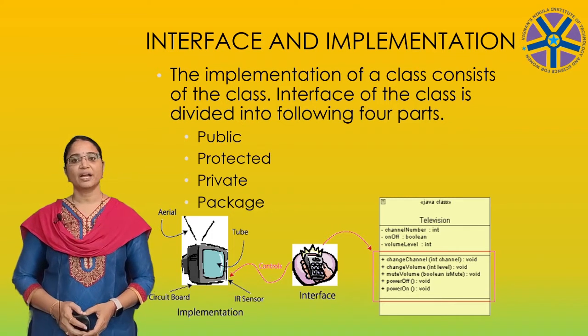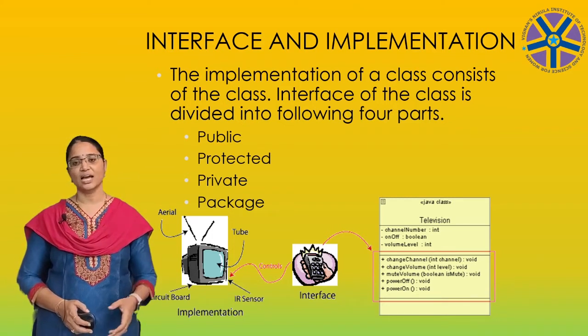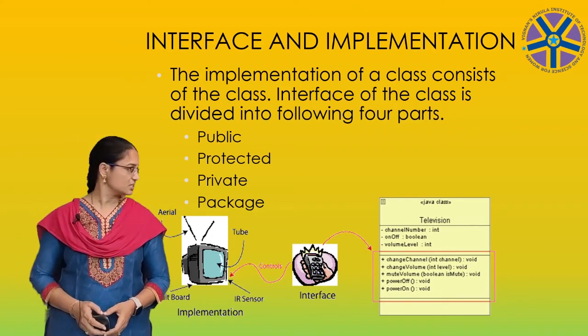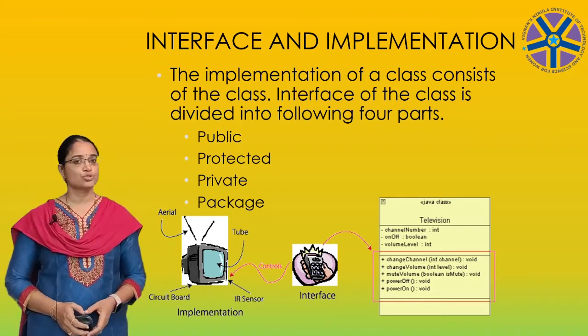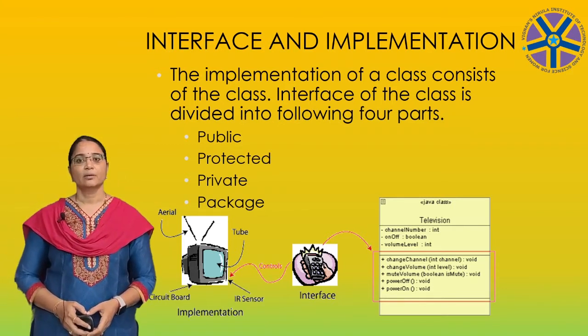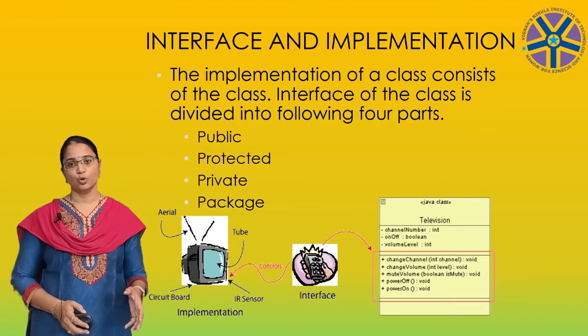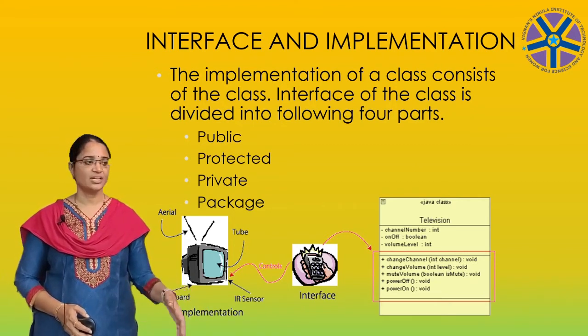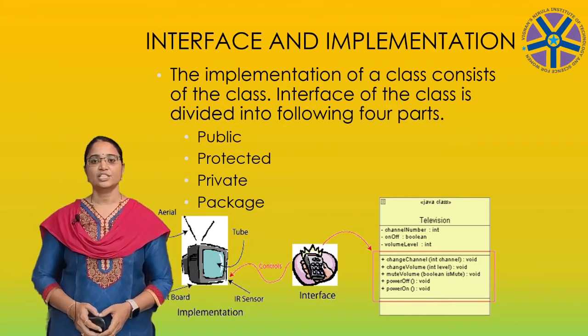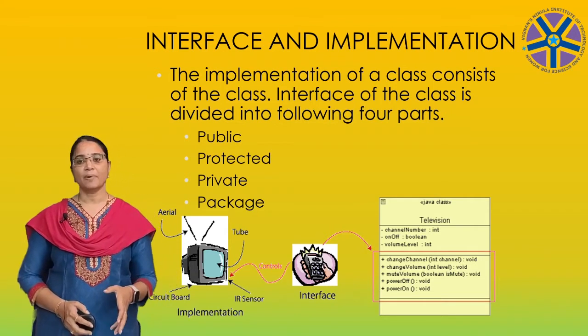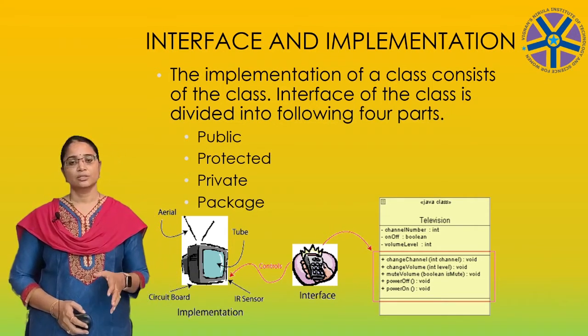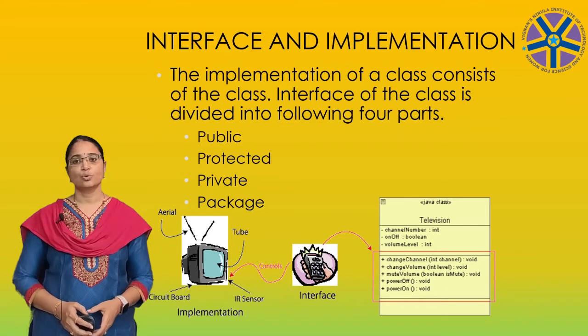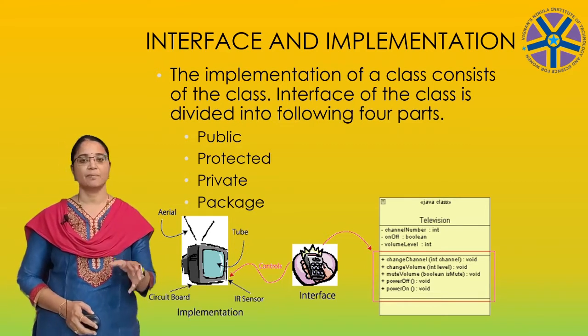As I told you, private is accessible only to the class itself. And next, the hash symbol is used to represent protected. Protected means it is accessible only to the class itself and its subclasses. And next one is package. Here the package declaration is used to access only by the classes which are in the same package.